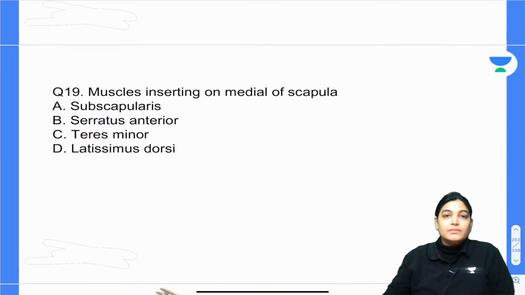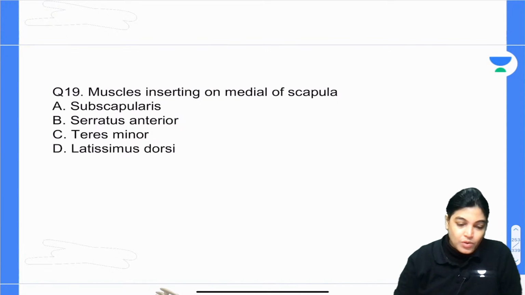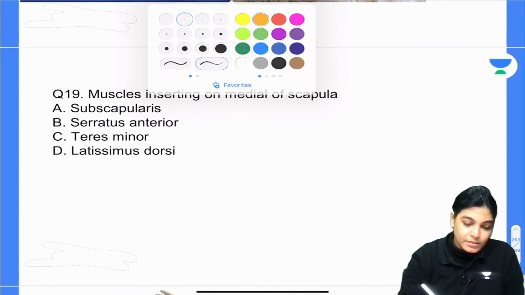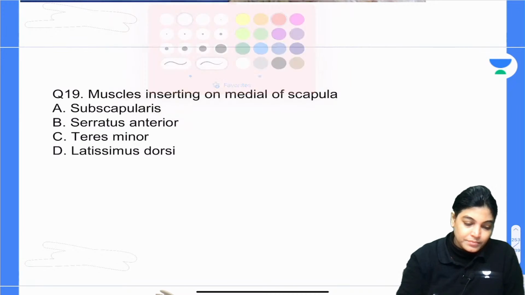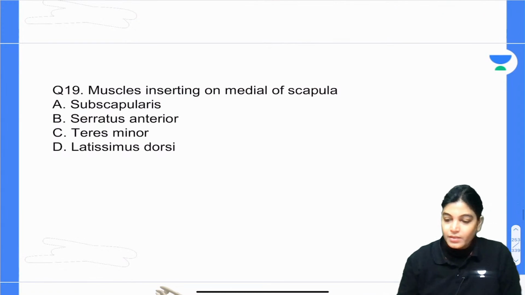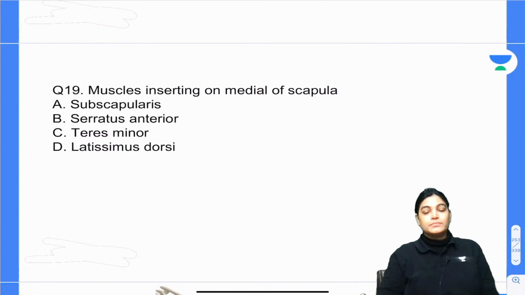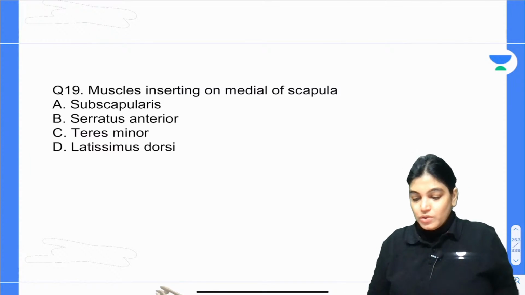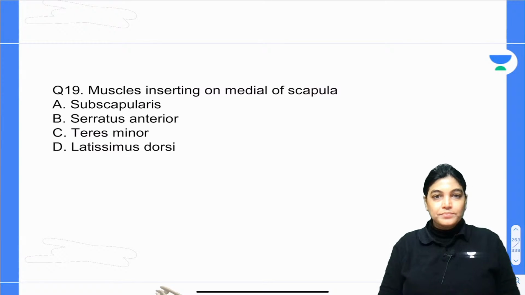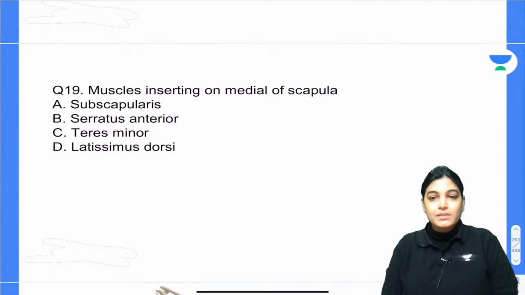Four options are there. According to you, which is the best correct answer? I would like to show you the attachments of all 4 muscles, which will help you understand.